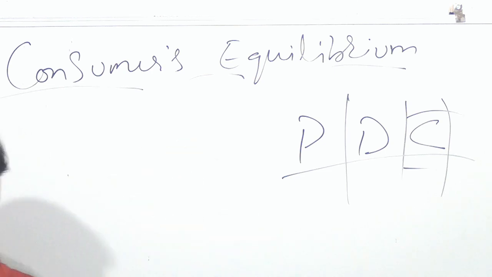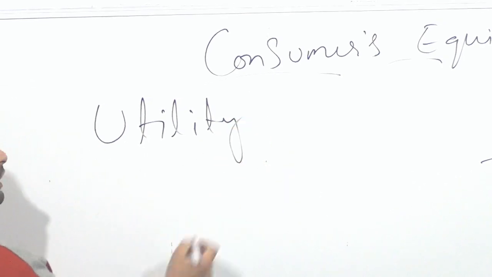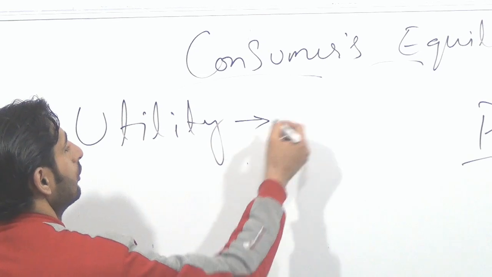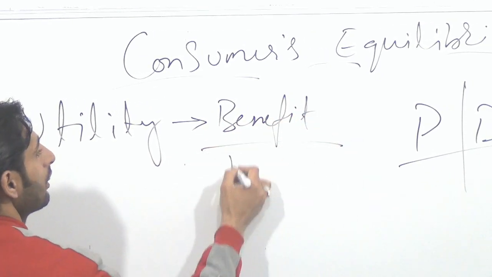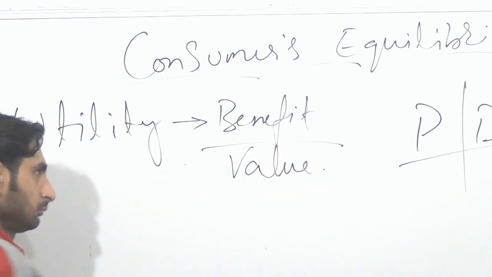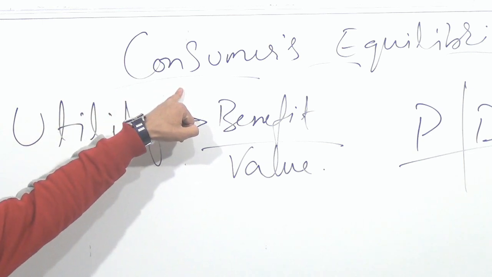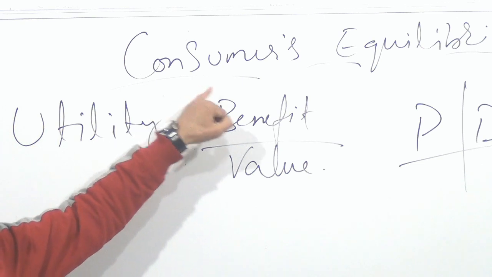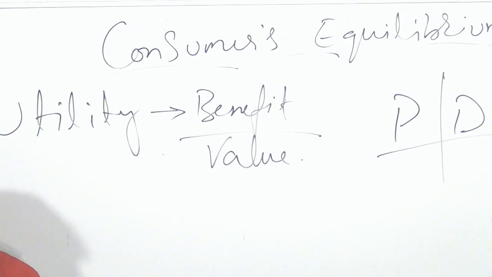So, starting this unit, I'll start with the concept of utility. Utility is also known as the benefit or the value. Every consumer is able to make a judgment on where and how he is going to satisfy his wants.